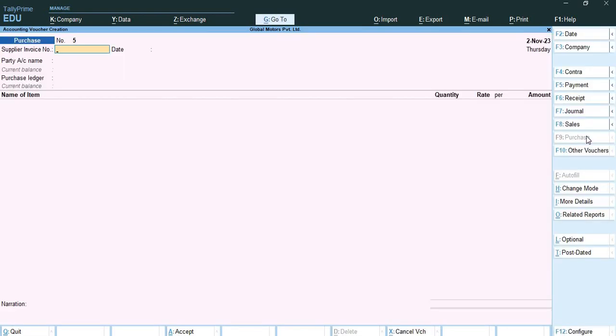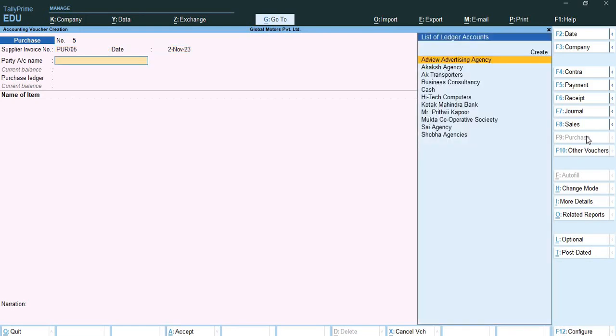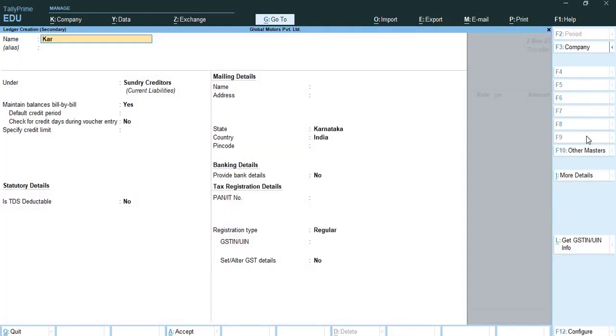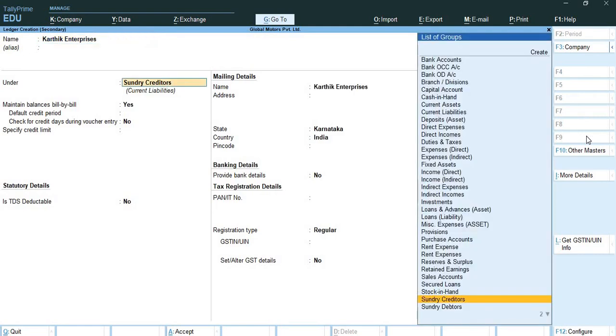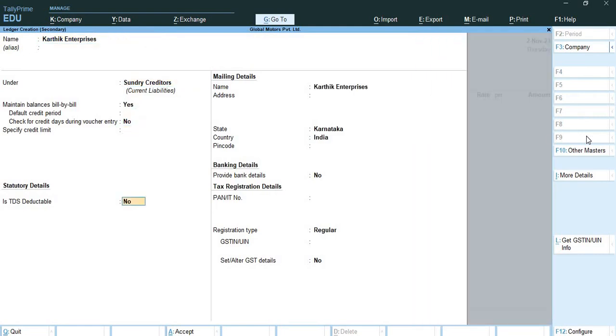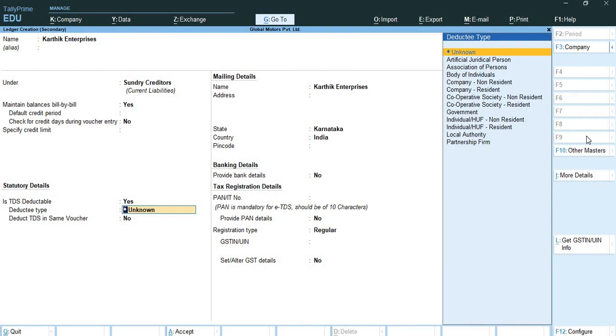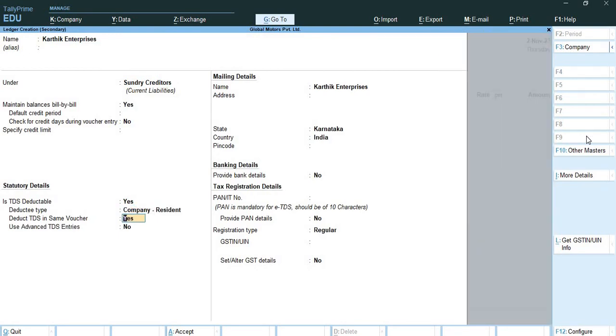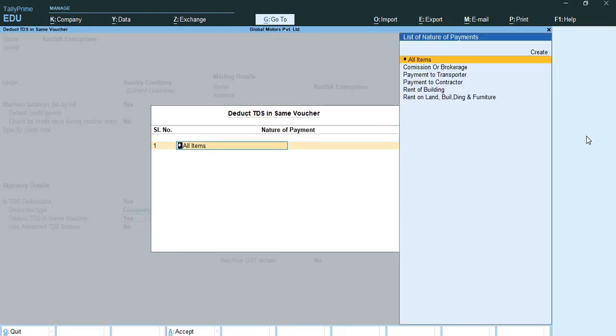Here the supply invoice number is PUR/05 dated 2nd November. Party account name is Karthik Enterprises. Under sundry creditor, here I'll enable this option. I'll select it is a company resident. Deduct TDS in same voucher, yes.